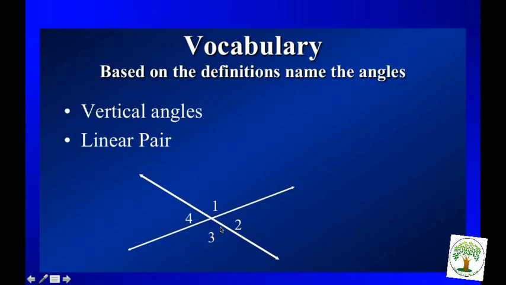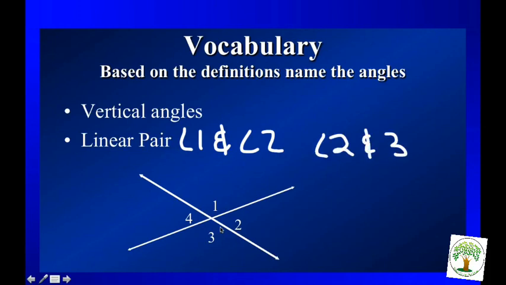And 4 and 1. There's a whole bunch: 1 and 2, 2 and 3, 3 and 4, 4 and 1. I'm going to put 2 sets. You can put 4 sets if you wanted, all of them if you wanted. I'm putting the little angle symbol with them. It's up to you.